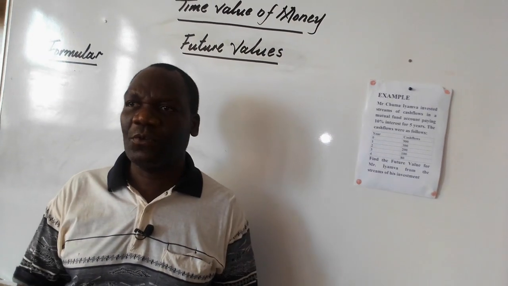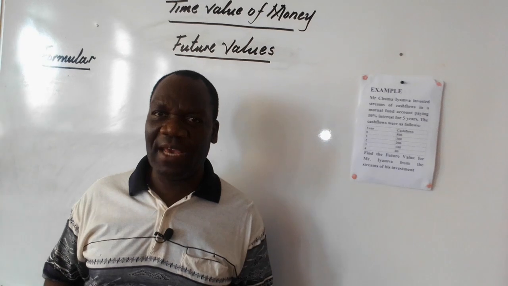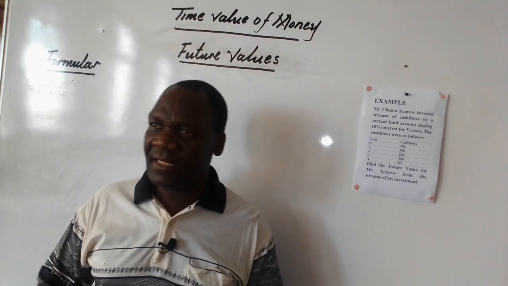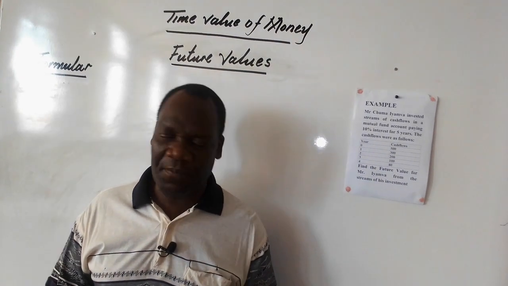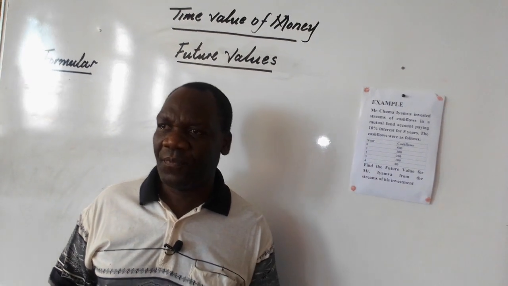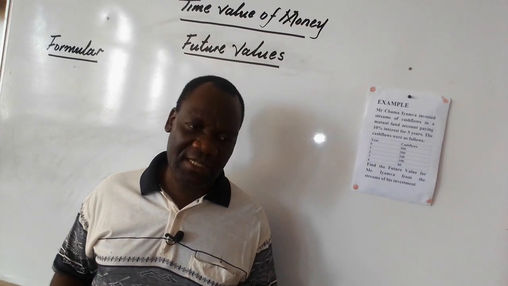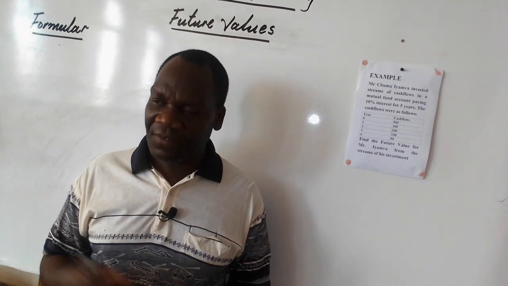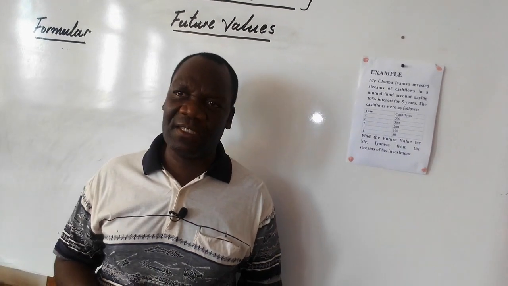Now, we want to look at a situation where you are required to find the future values, and these future values are coming from streams of income. The investment is not done on one day or in one week. An investor will push in some money, then after some time add another amount.